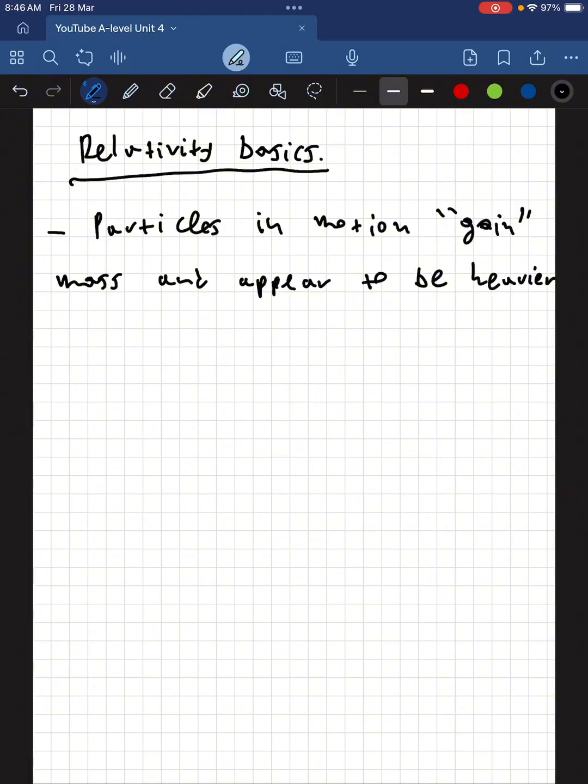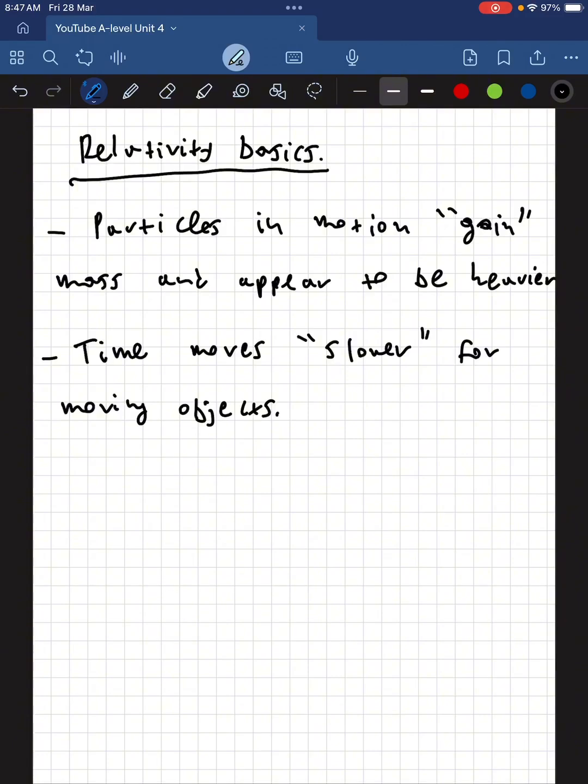And the second thing you need to know is that time moves slower for moving objects. And again, we are talking about things that travel with speeds close to the speed of light.